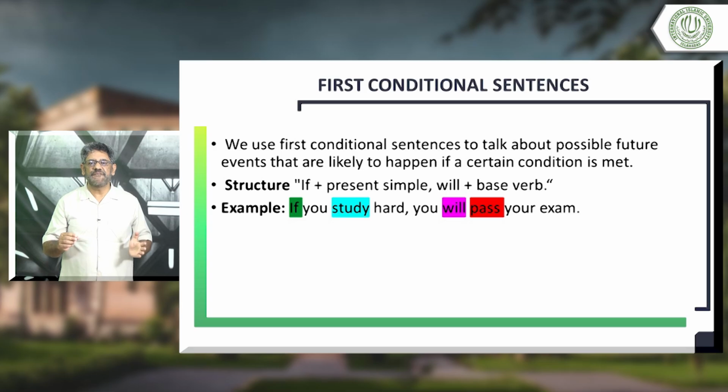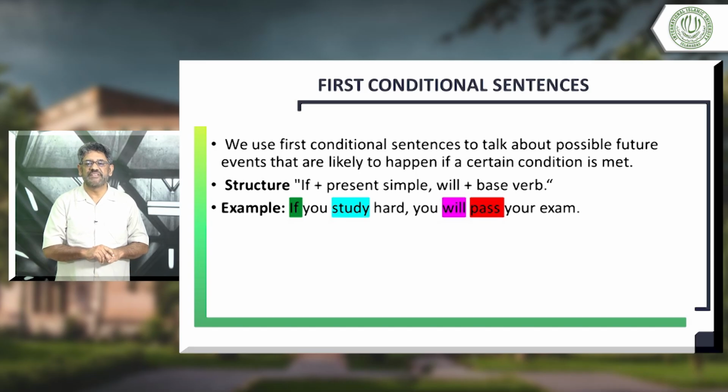If you study hard, you will pass your exam. Look, study hard, we have used if and the present simple. Yes, study, we use the first form. You will pass your exam. Now there is one addition, will. We have put will here.